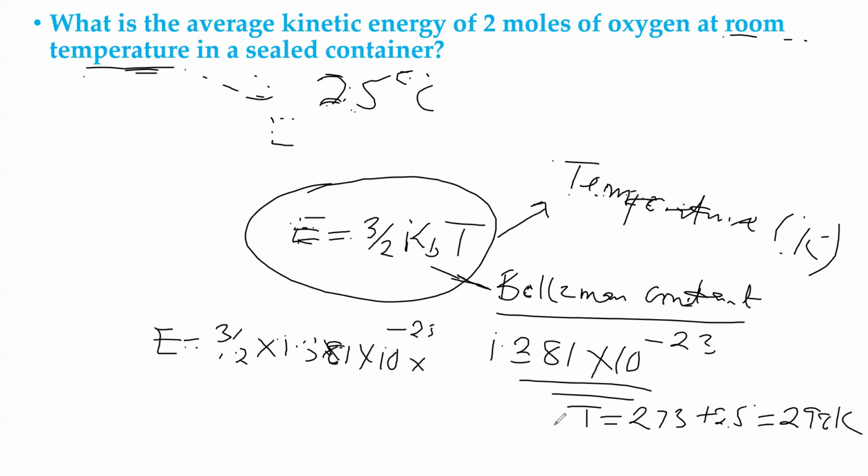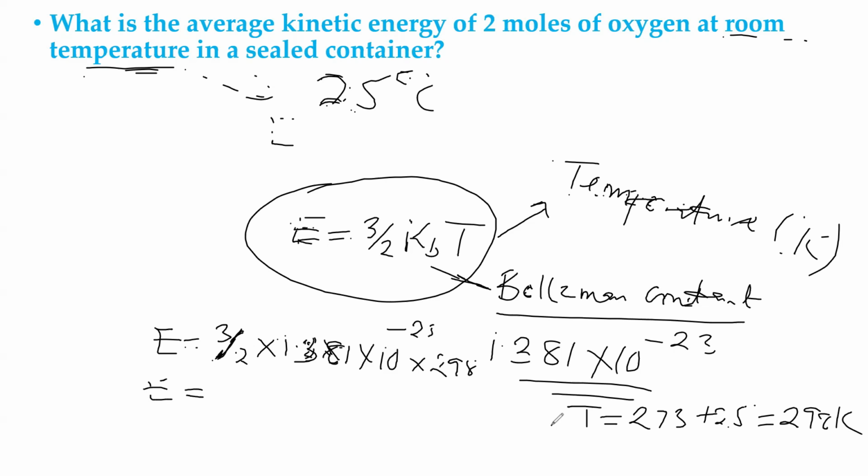So we are now going to have 3 over 2 times 1.381 times 10 raised to the power of minus 23 times 298 in Kelvin. After we have this, we are now going to use our calculator.